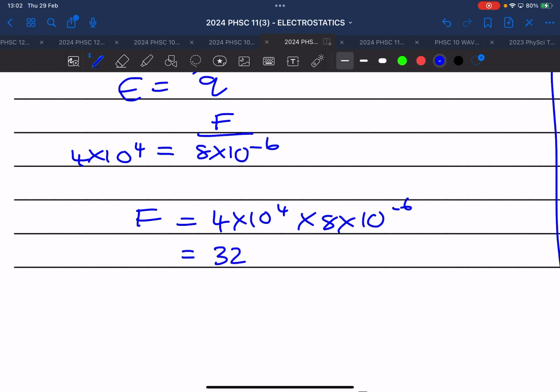What is 10 to the power 4 times 10 to the power negative 6? It's 10 to the power negative 2. And the unit for force? Newtons. Now, if you checked it on your calculator, you will either get 0.32 or 3.2 times 10 to the power negative 1. Same.